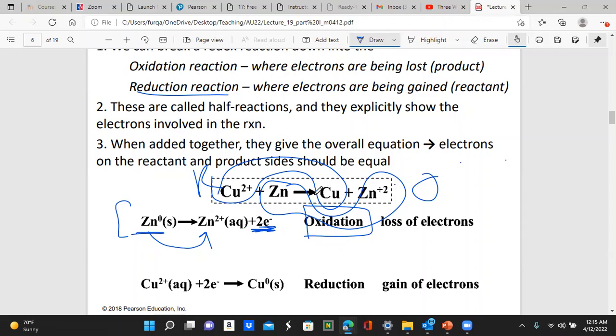While in the second reaction, the redox reaction here, copper is being reduced, reduction is happening. What do you see here? That copper from 2 plus, which is for 2 less electrons, gained 2 electrons and it becomes neutral. It becomes neutral copper here. Okay, so when it's about the reduction, because it's the gain of electrons, we are going to show the electrons on the reactant side.